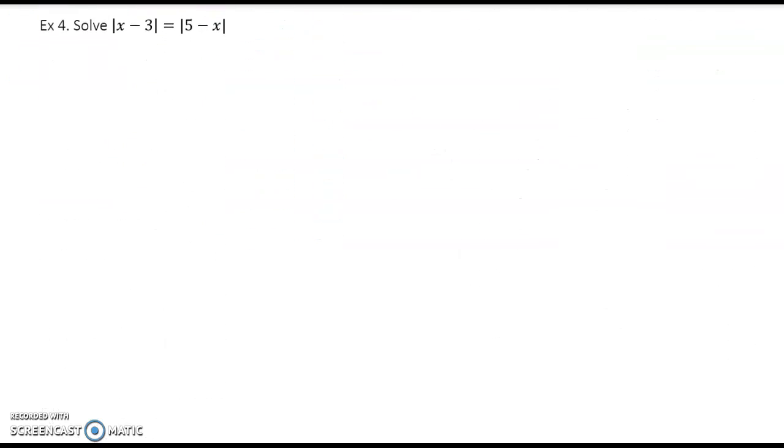Alright, and then we have the last type of thing you might be solving for. So we have 2 absolute values that are equal to each other, and in this case you just set them equal to each other. So x minus 3 equals 5 minus x, and then you're going to set x minus 3 equal to the negative of that other side, 5 minus x.